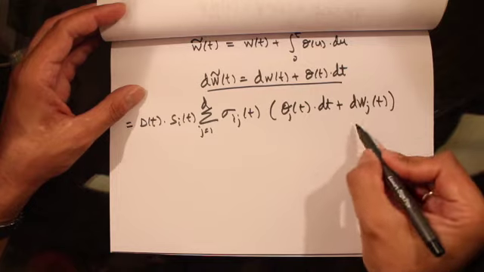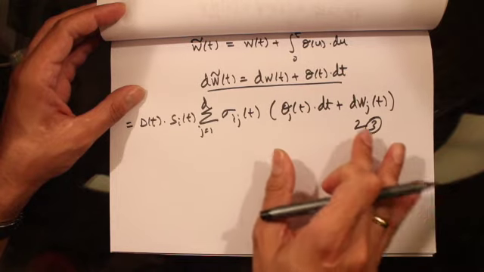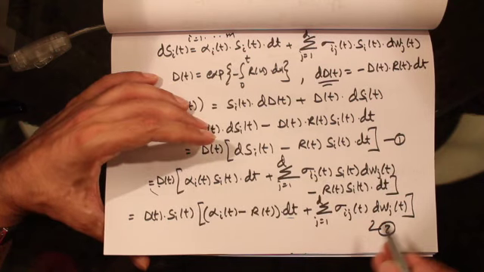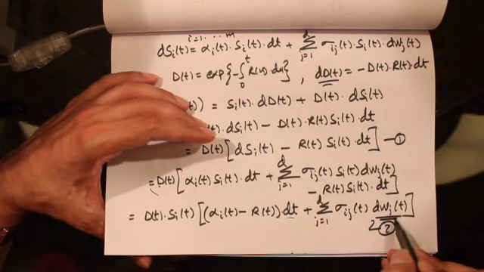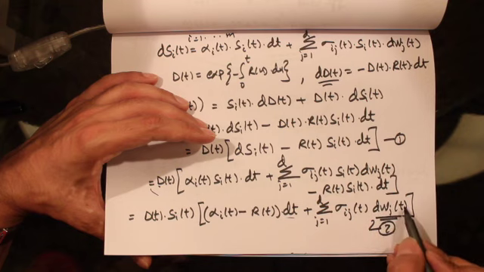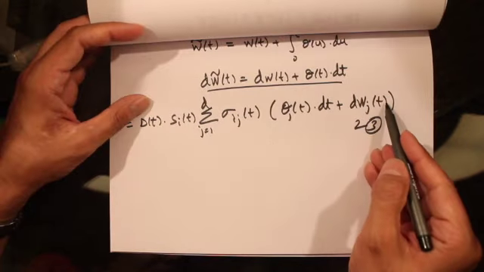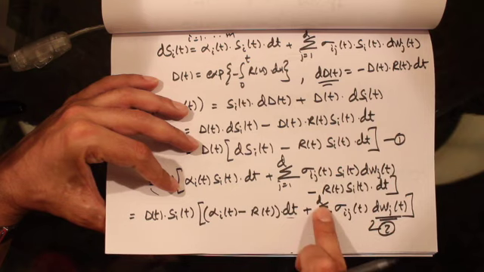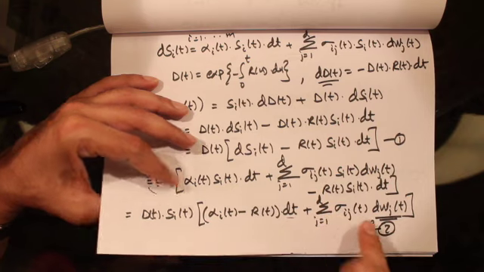So let's call this equation 3. If we compare equation 2 and 3, let's look at what's multiplying the dW term. We have a dW_j(t) term here. Multiplying that, we have the summation j equals 1 to d of sigma_ij(t).